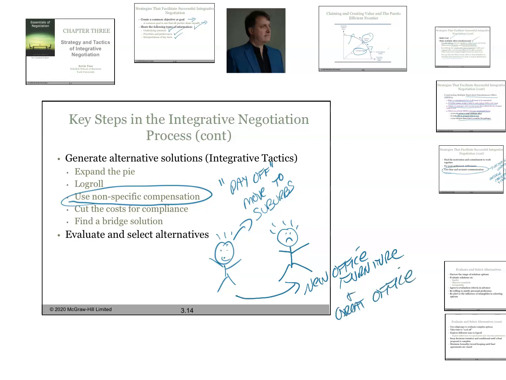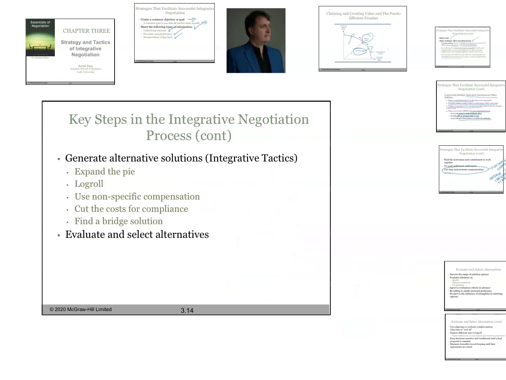So this is not part of the core negotiation of moving to the suburbs, but the payoff, the non-specific compensation at the time is this general idea of new office furniture and a great office space, something like that. So you make that promise. So the person says, okay, I'll agree, I'll move to the suburbs with the company, and that will be the compensation.